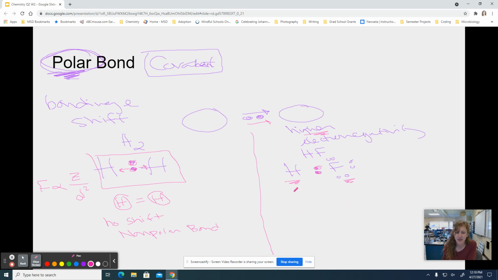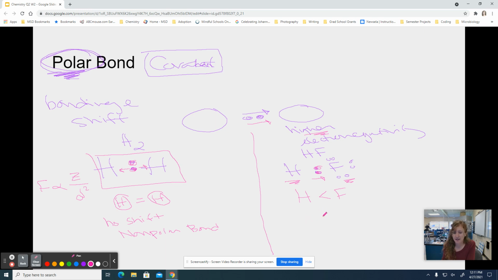What you'll see is that hydrogen is a lot less electronegative than fluorine. And so these bonding electrons, although they are shared, will spend some time around hydrogen and some time around fluorine. They're actually going to shift and spend more time around fluorine.